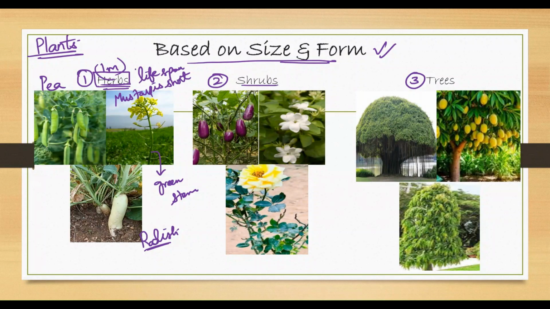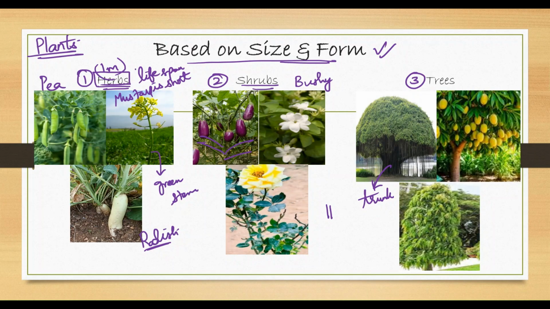And what are shrubs? Now, shrubs are basically bushy. Okay, that means they grow as bushes. They don't have one main stem. Now, if you see a tree, you have a main stem which you call the trunk. But shrubs never have such a main stem. More branches arise, and shrubs mainly grow in a bushy way.